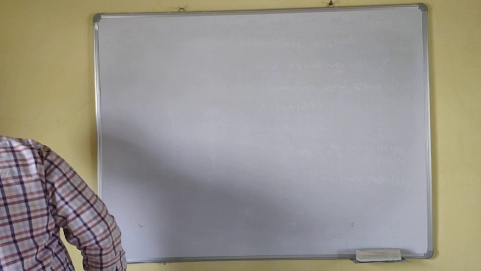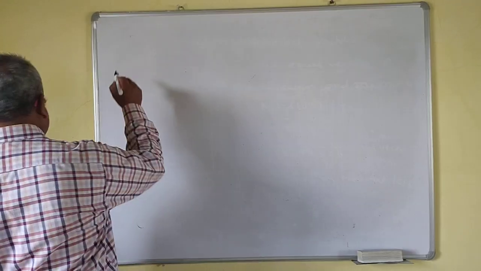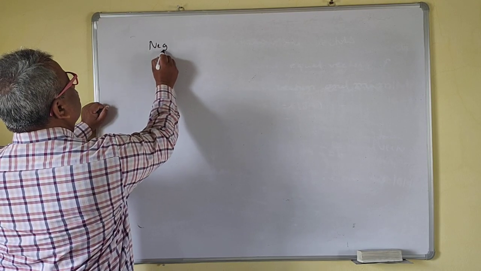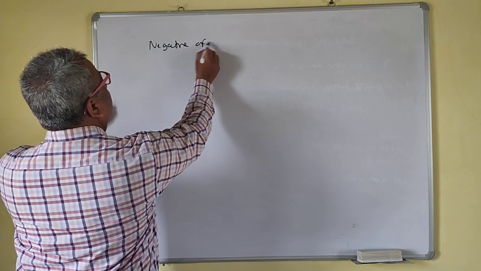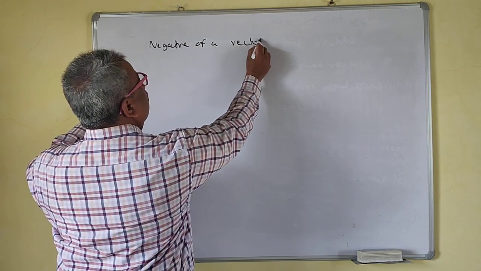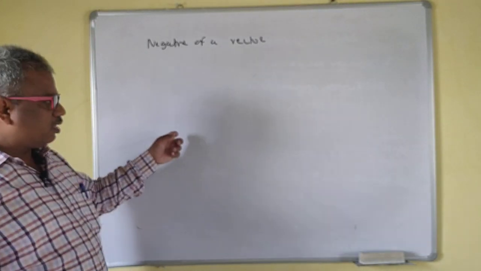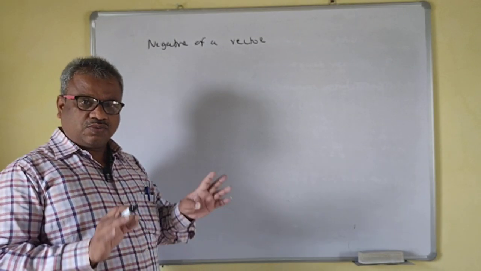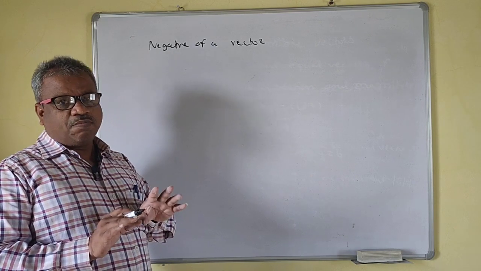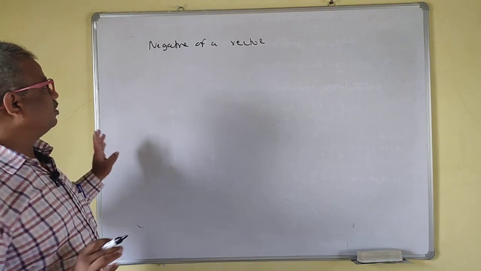Okay. Now the next type is the negative of a vector. A very simple definition. Negative of a vector means what? The vector whose magnitude is same, but has the opposite direction, right?